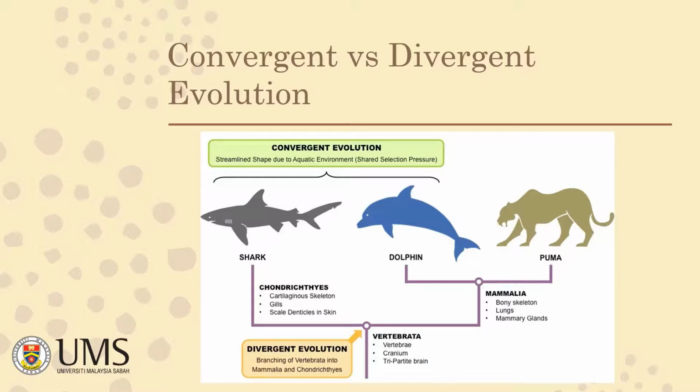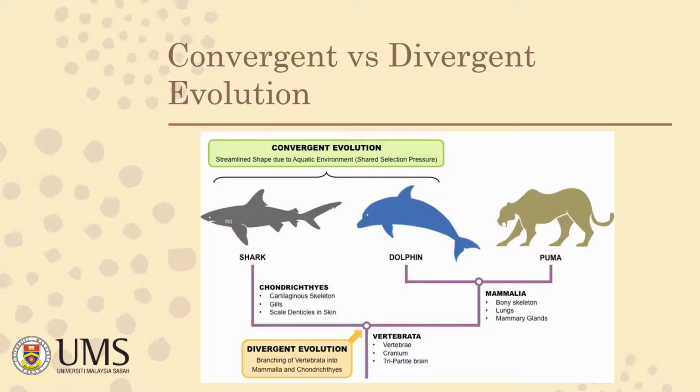Divergent evolution here. This shark, dolphin, and puma have a backbone, cranium, and brain. This is how they diverge.